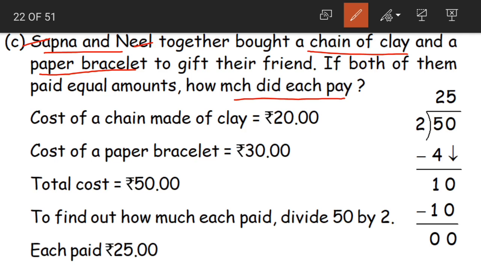First, to find that out, we have to find the total cost of the items, the cost of the chain and also the bracelet. The cost of the chain here is 20 rupees and the cost of the paper bracelet is 30 rupees.